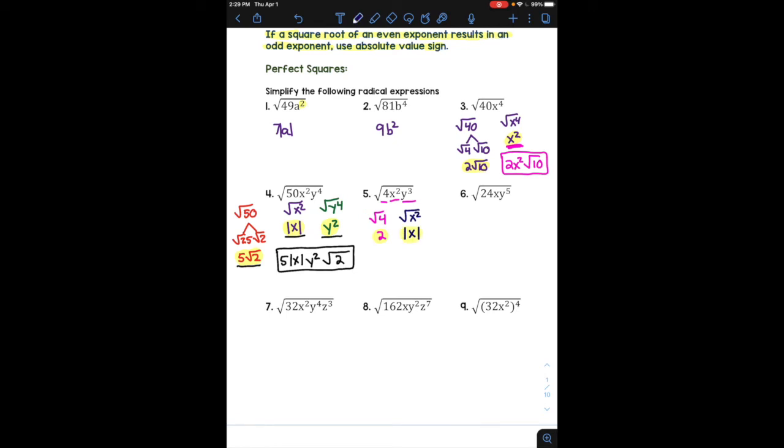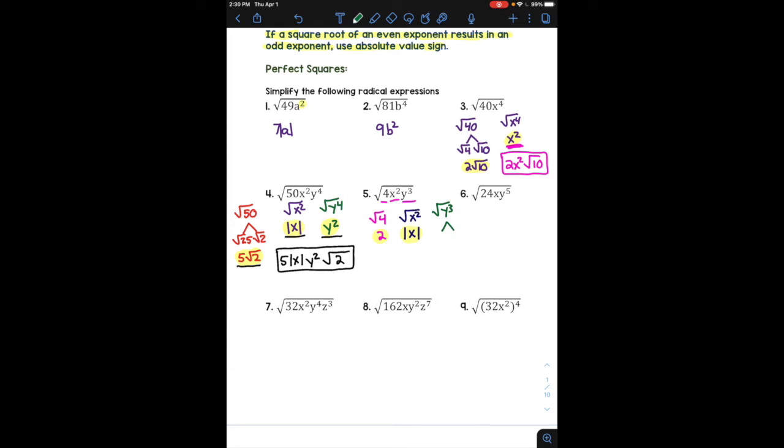And lastly, here's a new part, the square root of y cubed. We don't know what variable times itself is y cubed, but we can simplify it. What's the biggest perfect square that would go into y cubed? That would be a variable with an even exponent.